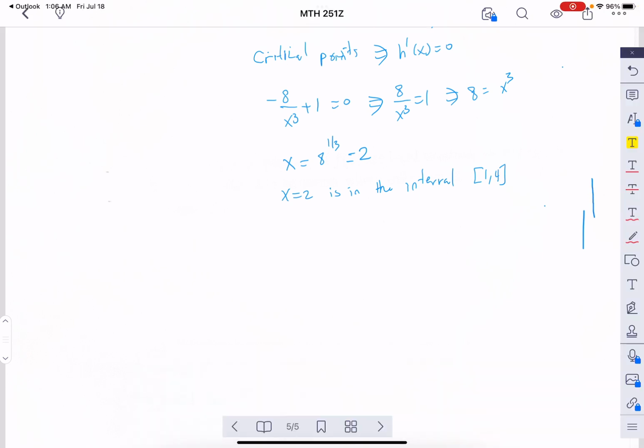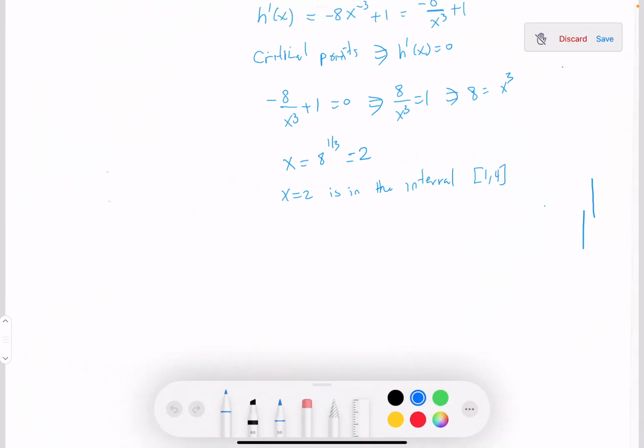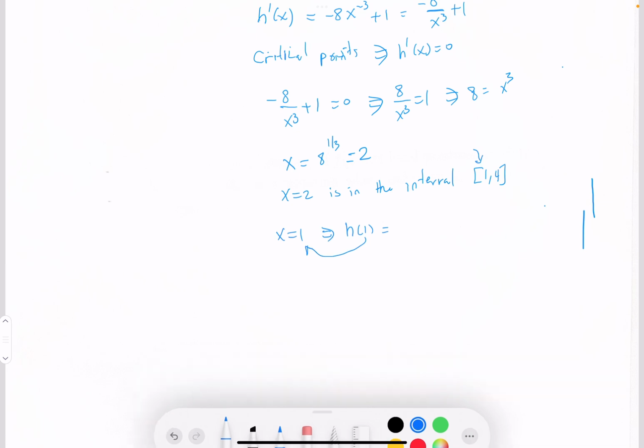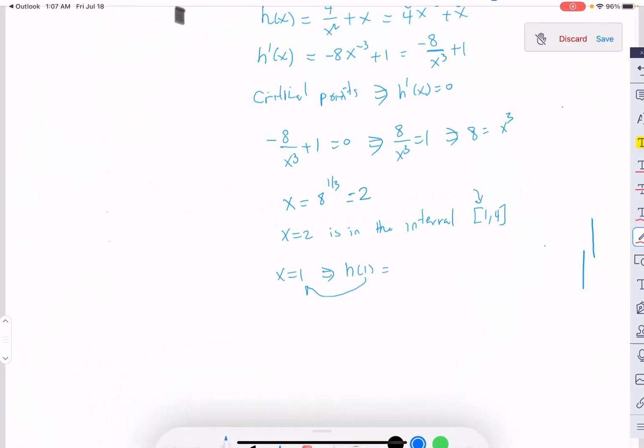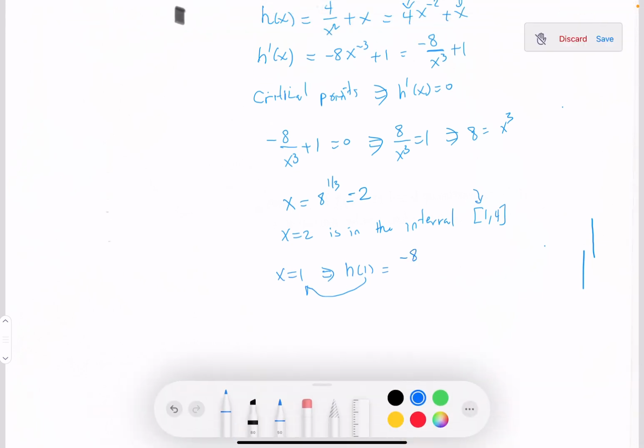Now, let's go for the lowest point, x equal to 1. This is the left endpoint, and we find the function at 1.